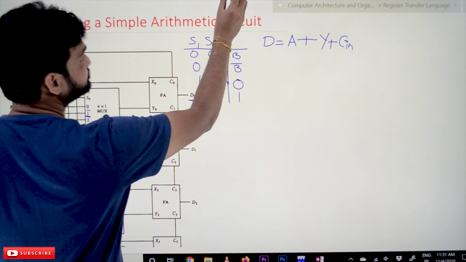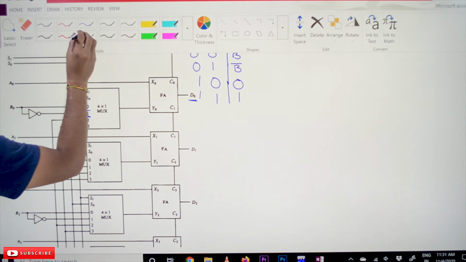I am saying it as C, it is Cin. So whenever the values of S0, S1 and Cin are provided, what are the values that can be provided?